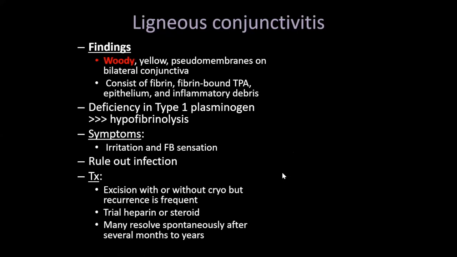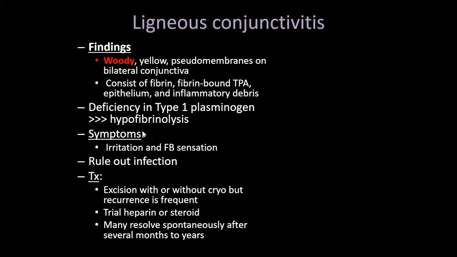Now, we look at ligneous conjunctivitis. This form of chronic conjunctivitis occurs as a result of a genetic defect. And the genetic defect is that there is an inherited deficiency in type 1 plasminogen.